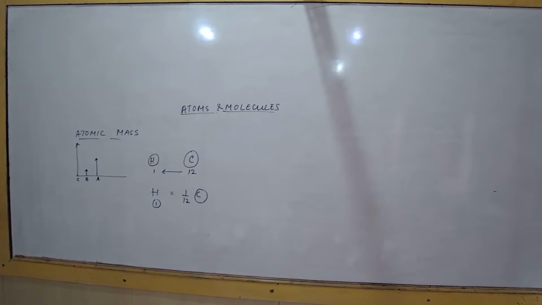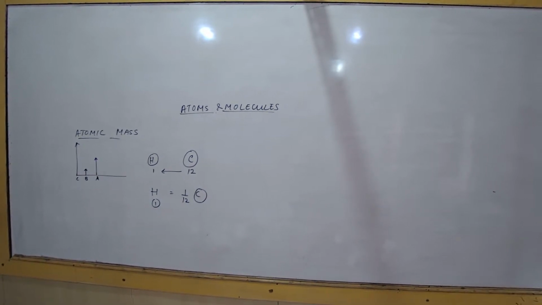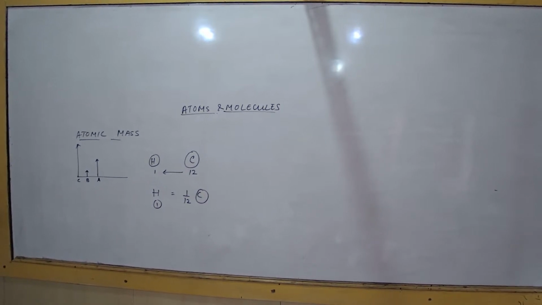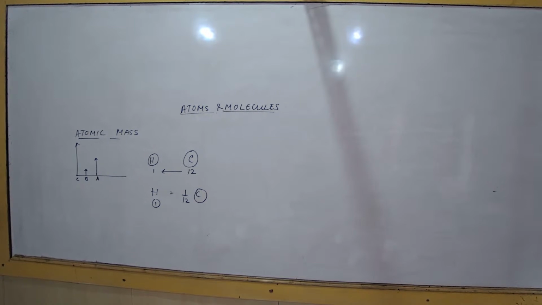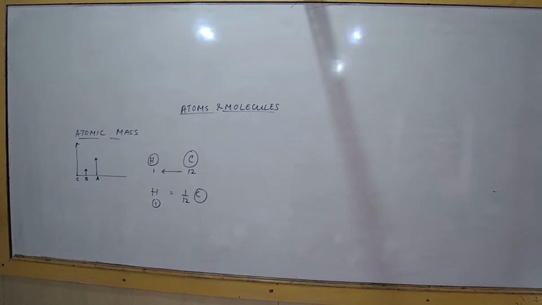If you have to balance carbon and nitrogen, that is with respect to hydrogen, you will have to balance it. We are having one standard. What is the standard? You have said that hydrogen is the standard. So you cannot compare carbon with nitrogen or nitrogen with carbon.